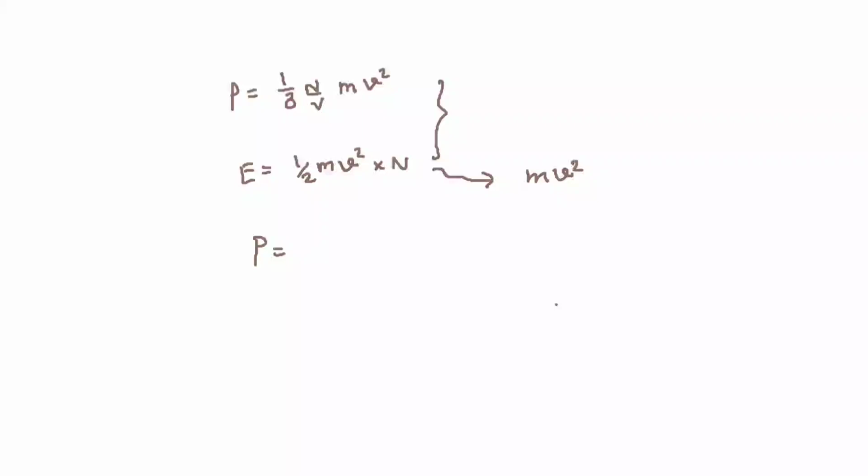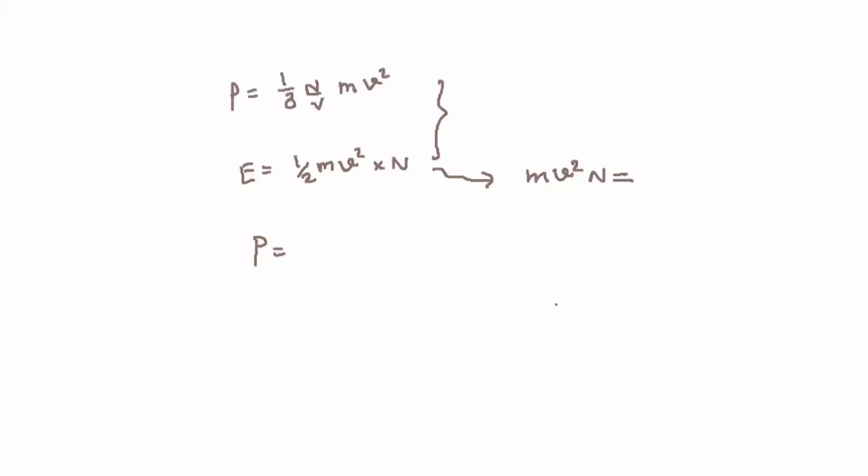We know pressure is what? 1 by 3 N by V mv square average, right? And also we know that E, energy E, is half mv square. This is for one molecule. For n molecule it is like this. So by using these two, we can write pressure is equal to, we can substitute from this, we get what? mv square n.